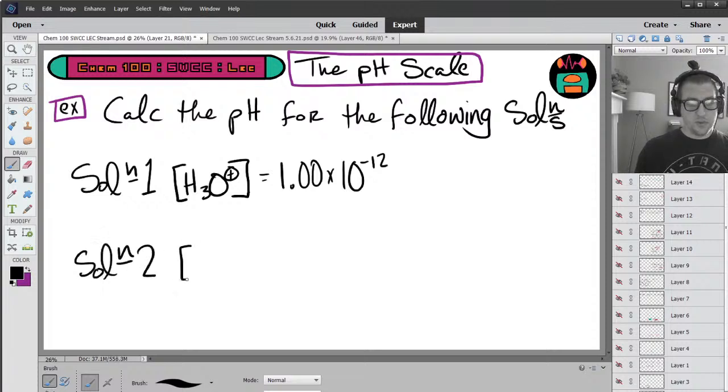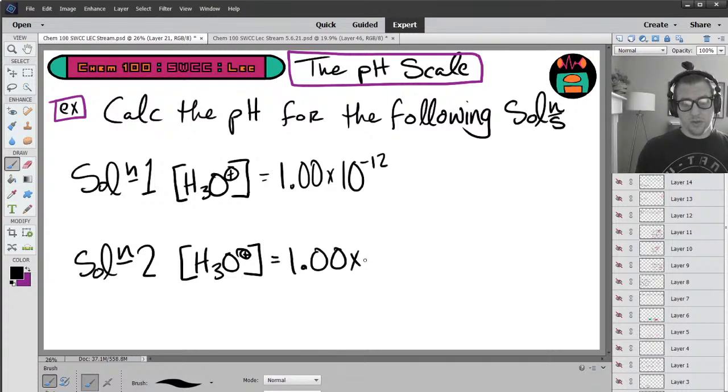Solution 2 has a concentration of hydronium of 1.00 times 10 to the negative third.